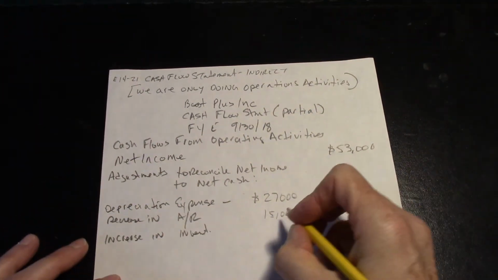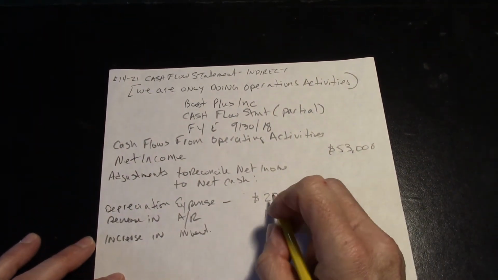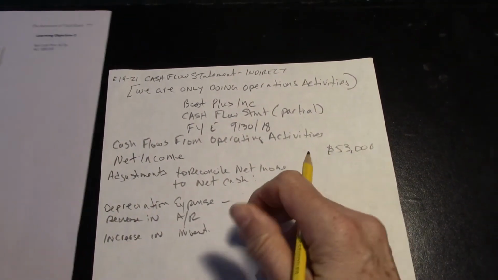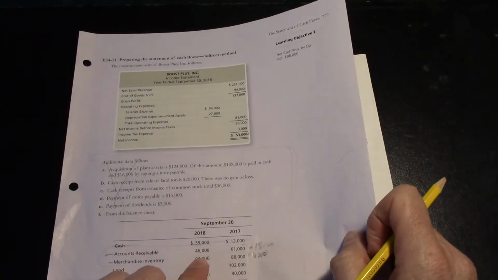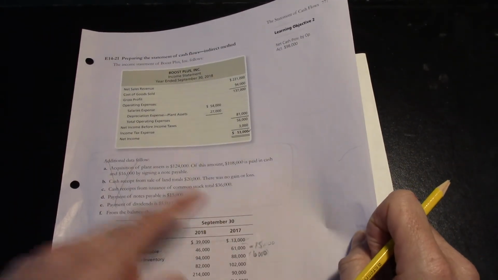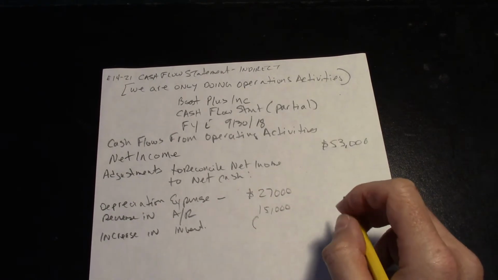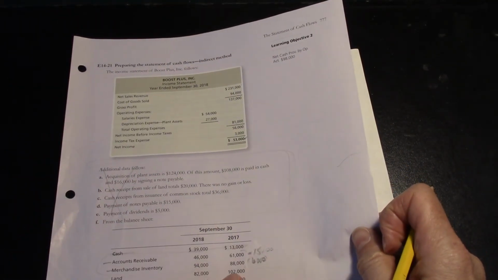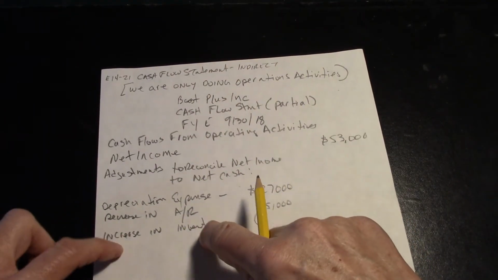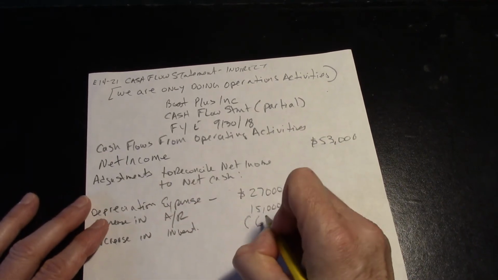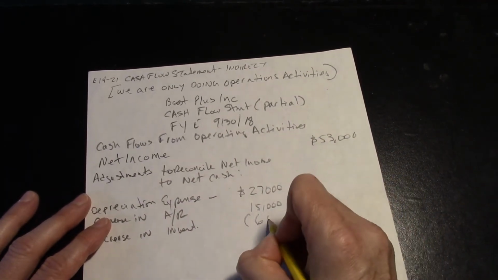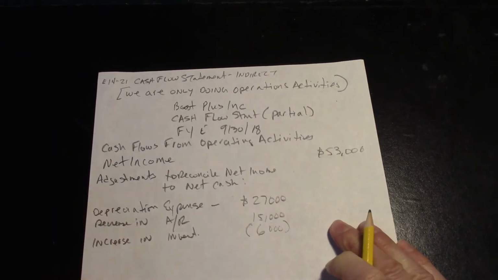So cash flowed out. That is why we're going to subtract the difference. 94 minus 88,000 is an increase of 6,000. So because it's an increase in a current asset, we subtract that 6,000.